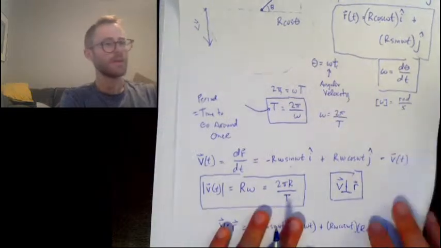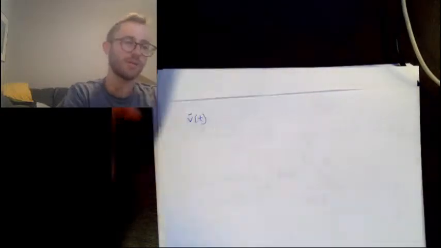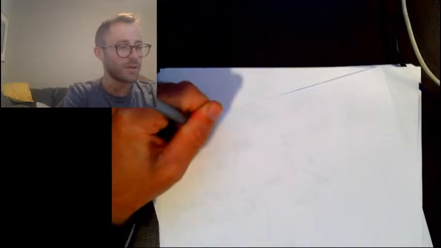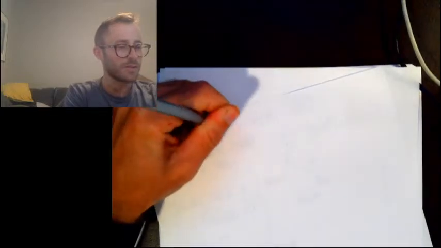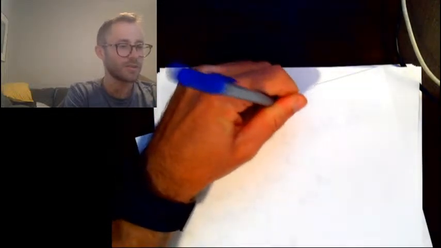Awesome. Let's go one step further and get the acceleration as a function of time. So velocity as a function of time was minus r omega sine of omega t i hat plus r omega cosine of omega t j hat.